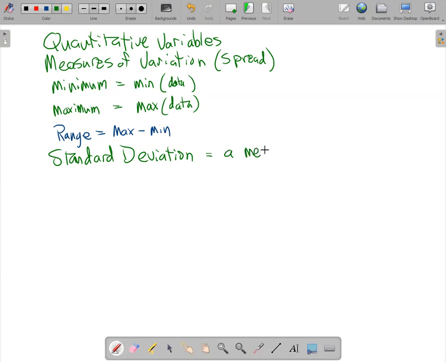So it's a measure of the average spread from the mean. That's super important, that from the mean there.